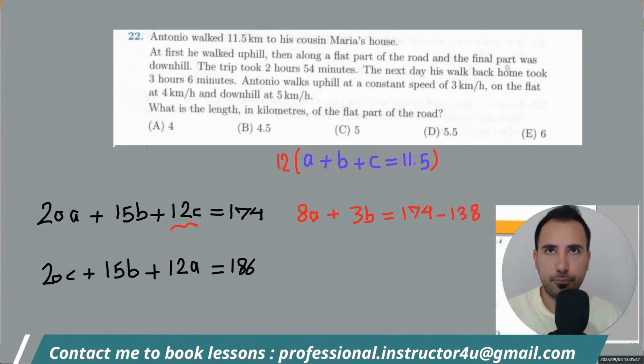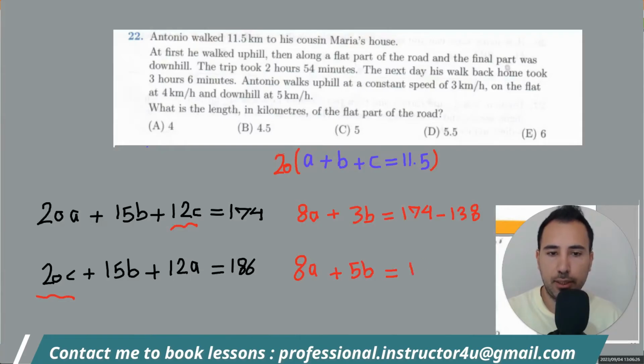Okay, good. So this time, I'm going to repeat the same steps, but to get rid of c, I'm going to multiply this by 20. We'll create 20c here, and then subtract it from here. So when we do this, 20a minus 12a is going to be 8a again. And here we'll have 20b minus 15b will be 5b. And c's will be canceled.